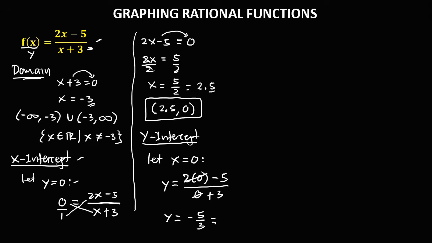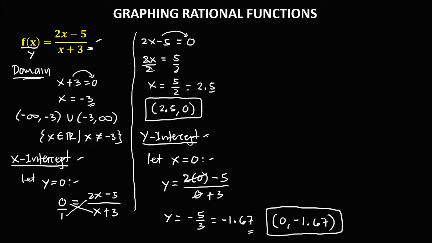In decimal, negative 5 over 3 is negative 1.67. So if x is 0, y is negative 1.67. This is now the coordinate of the y-intercept.